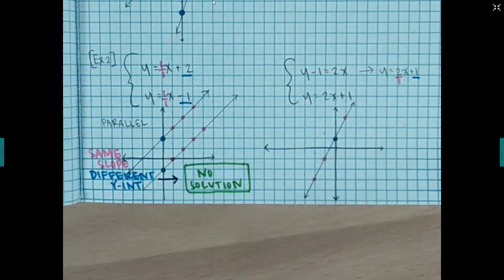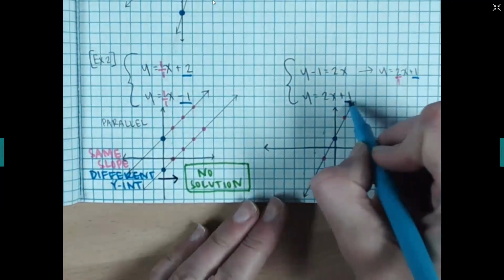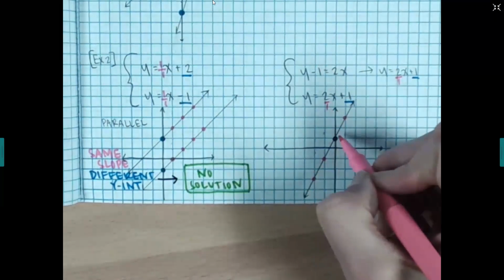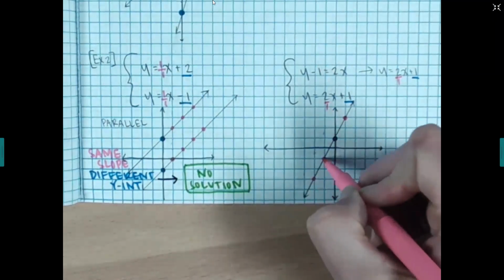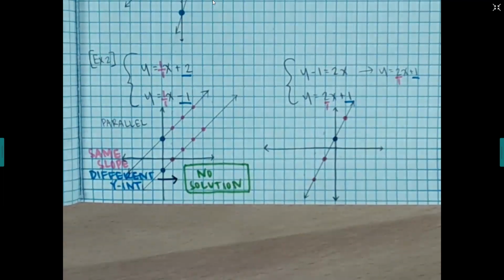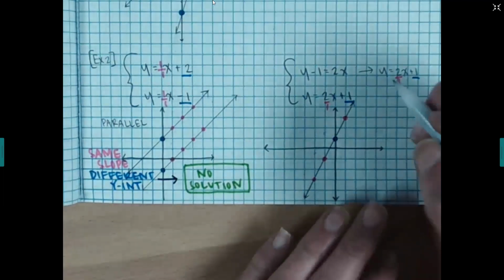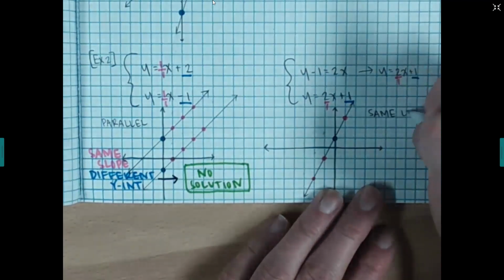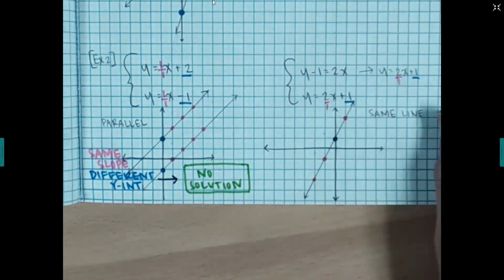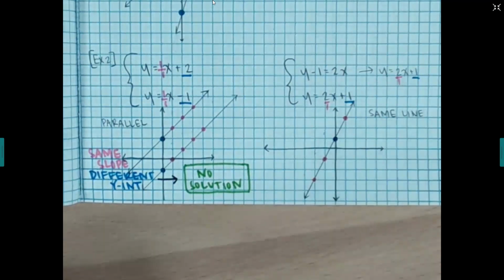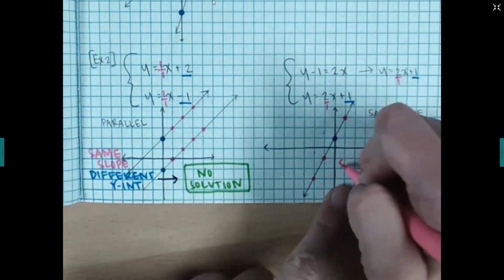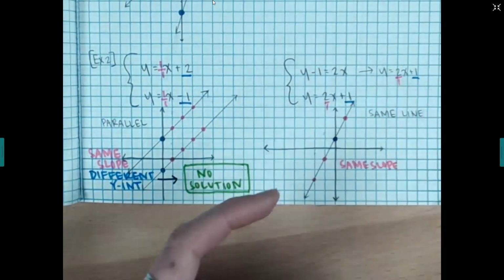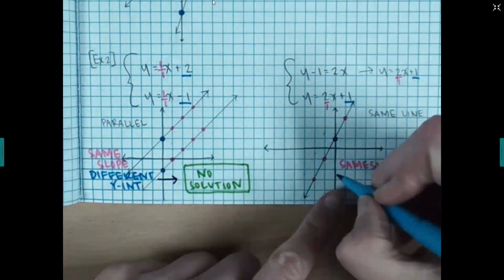And then I'm going to graph the other one, which when I do that, my y-intercept again is 1, and my slope again is 2 over 1. So when I graph this, I actually get the same exact line. This is when we have the same slope and the same y-intercept.